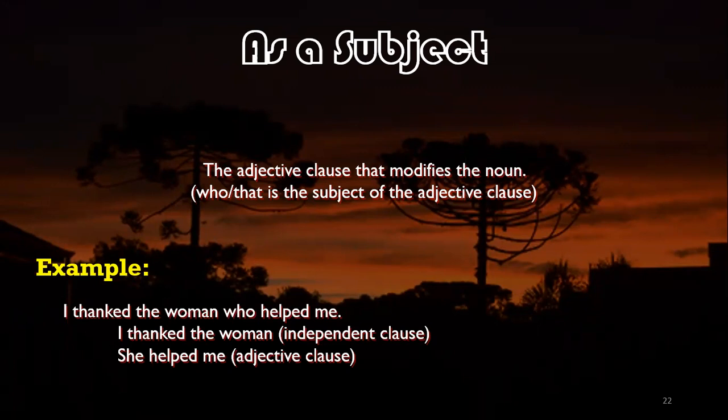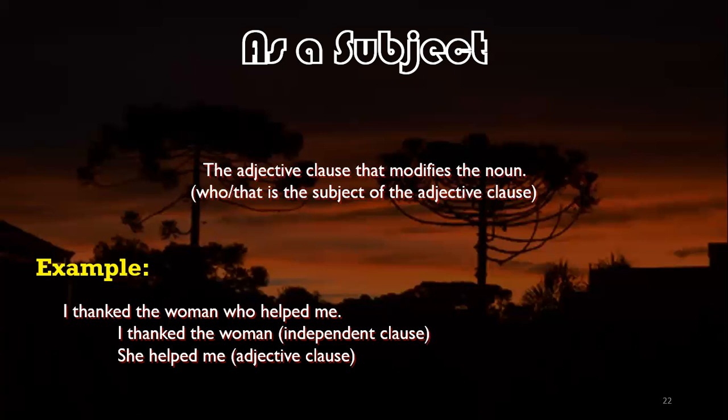So I take the woman is an independent clause. She helped me changed into who helped me, which is an adjective clause. The adjective clause modifies the noun woman. Who is used for people and that is used for both people and things.